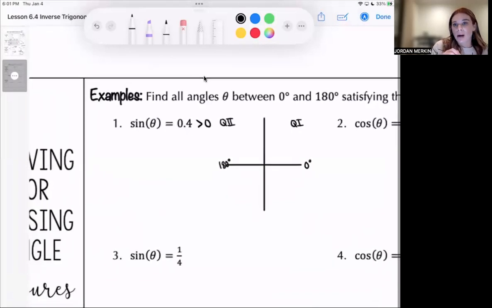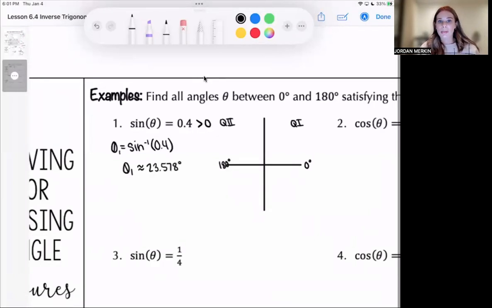So you could find the first one by saying that theta is inverse sine of 0.4. That would give you the solution in quadrant 1. And so that is approximately, if you do a calculator, let's call this theta 1, because that's our first answer. So theta 1 is about 23.578 degrees.